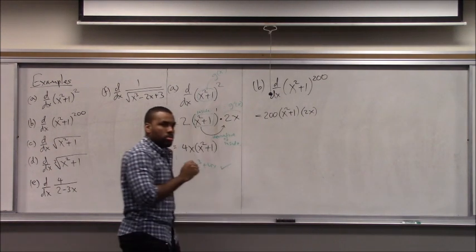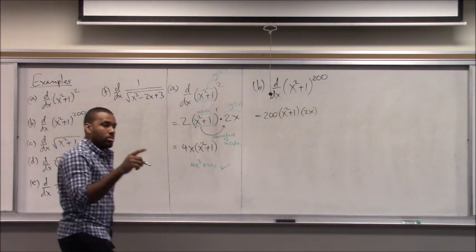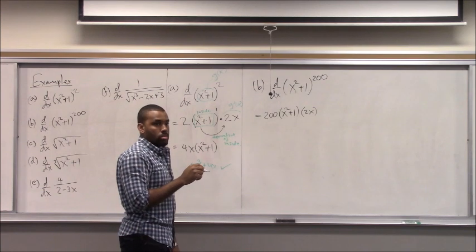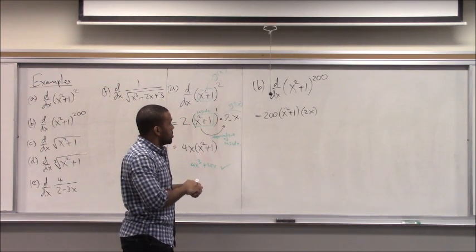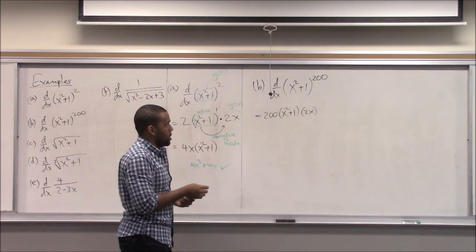No, that's wrong. What happens? There's something missing. Oh, you minus it by 1? Minus what? The exponent of 200? Okay, and what happens?